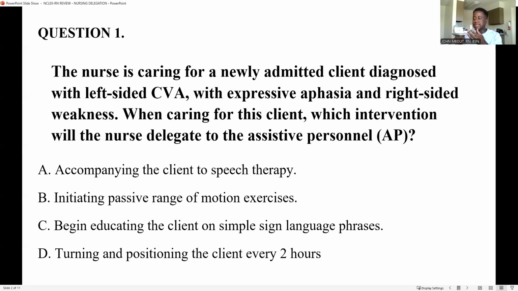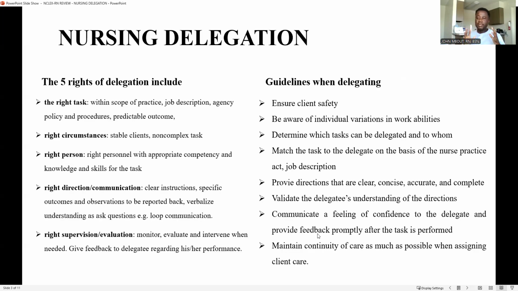Let's use this question and revise everything as far as nursing delegation is concerned before we move to answering some questions. Now, what is nursing delegation? Nursing delegation is a process of transferring performance of a selected nursing task, in a situation, to an individual who is capable and has the authority to carry out this task.